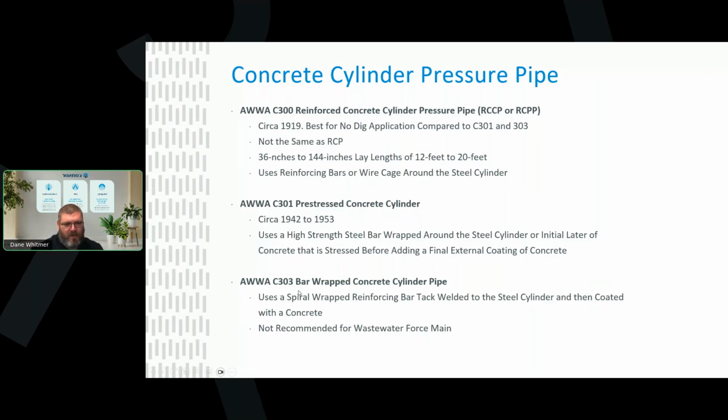Then it's all coated in cement. So this is an engineered type pipe designed to reduce the weight of concrete type pipe and use the strength of reinforcing to increase its strength while reducing the weight.